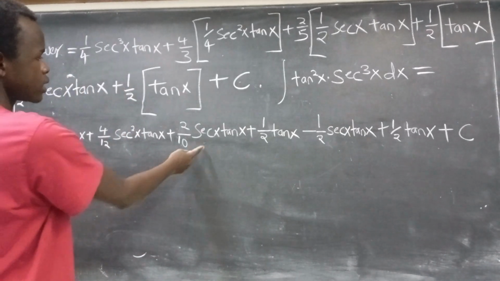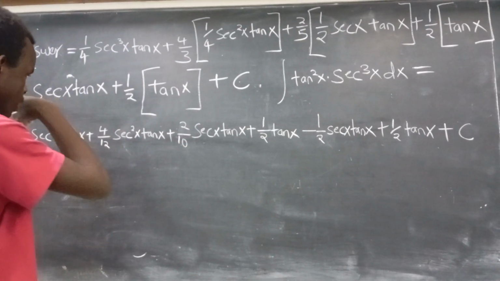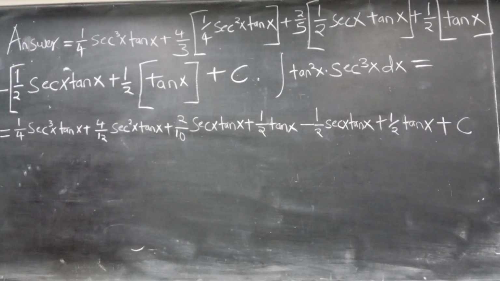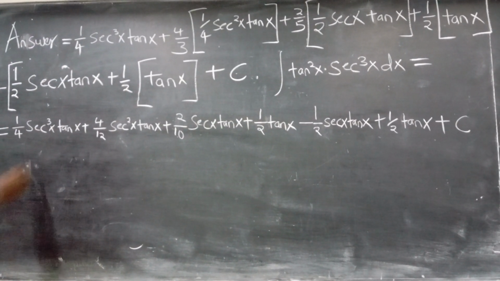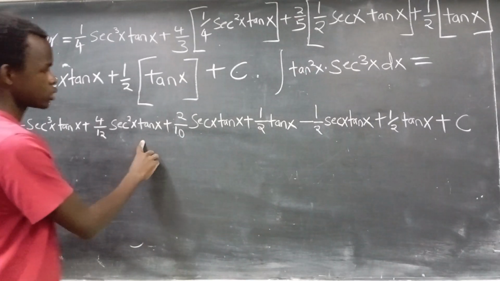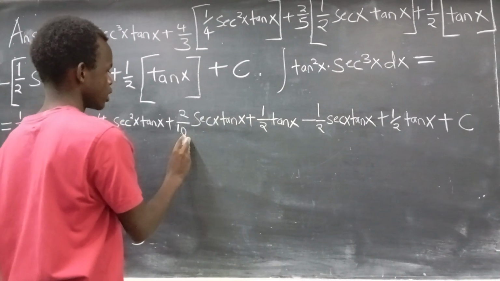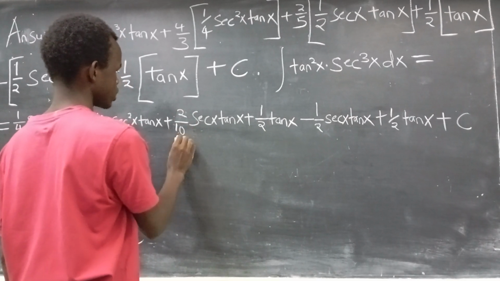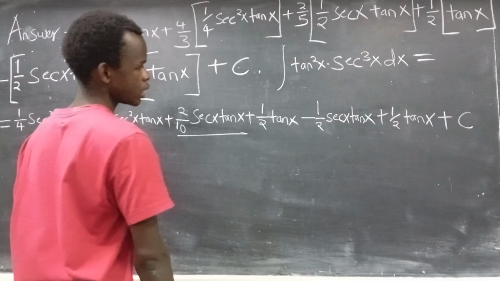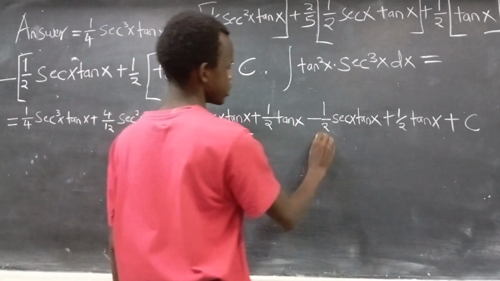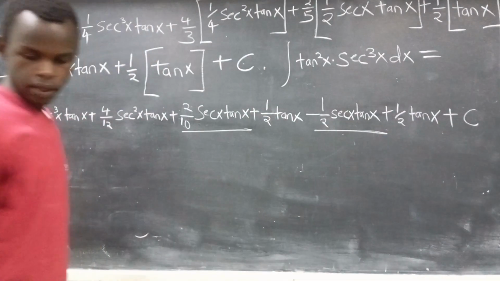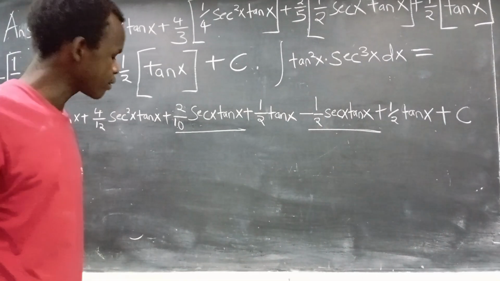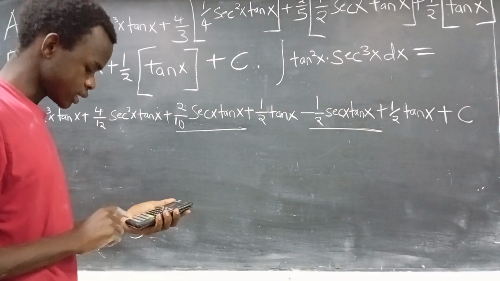So from here again, let's simplify that. So we add the coefficients. Adding the coefficient for this part and the coefficient for this part, we'll get 2 over 10 minus a half.